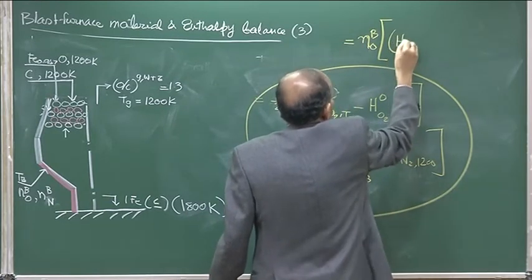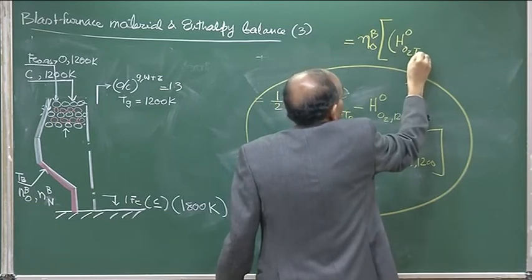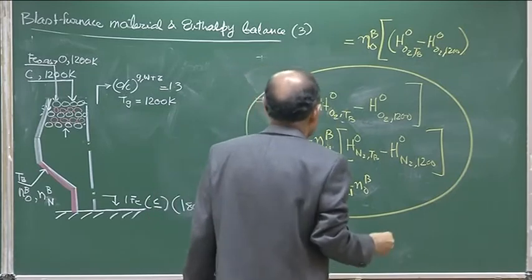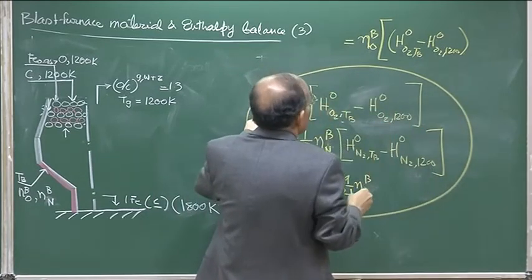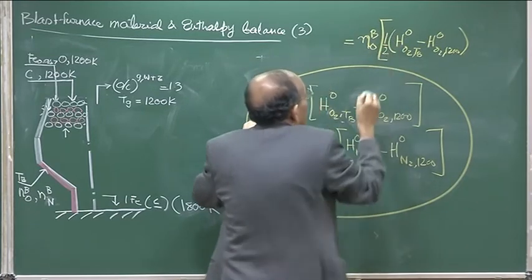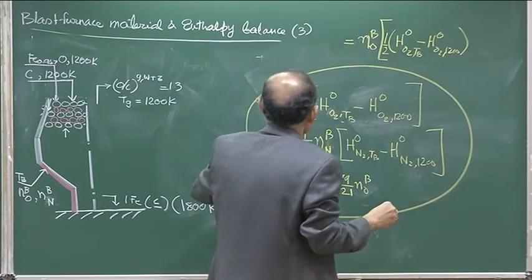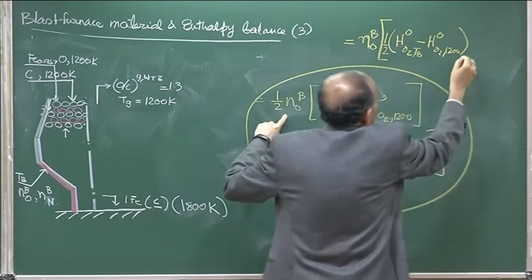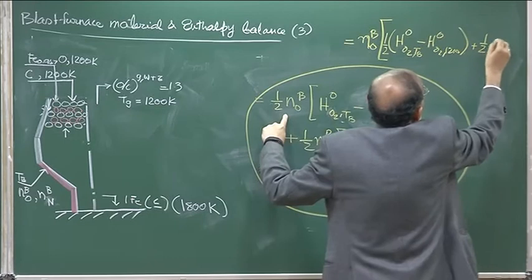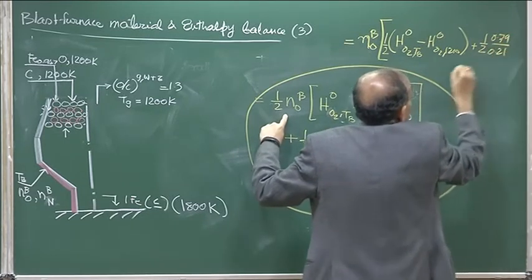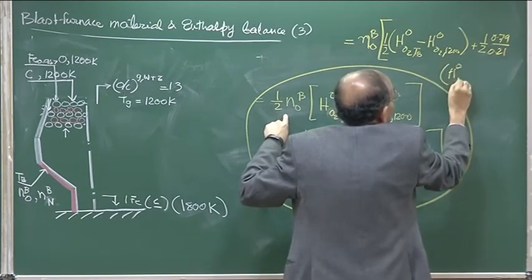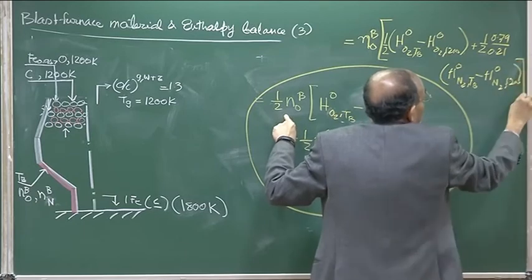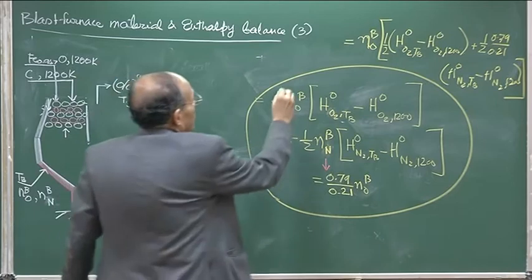One bracket is H naught O2 TB minus H naught O2 1200, bracket close, and then there is a half term also, so I can put the half inside; I will not take the half common. So NOB is taken common, and this is half, and then I have here also half into 0.79 by 0.21 into H naught N2 TB minus H naught N2 1200, and the bracket closed. So, that is what this turns out to be.